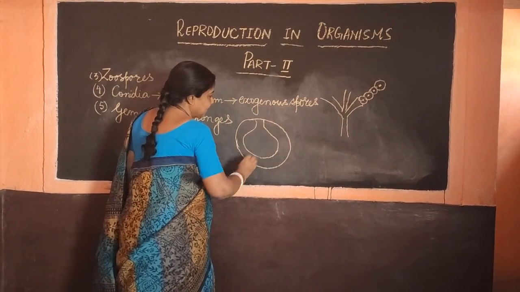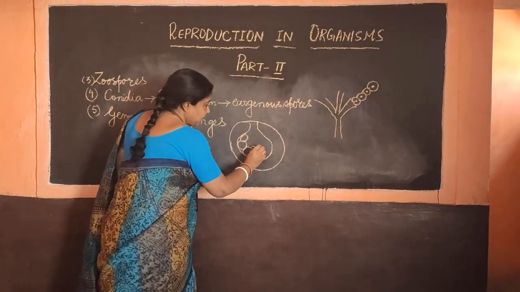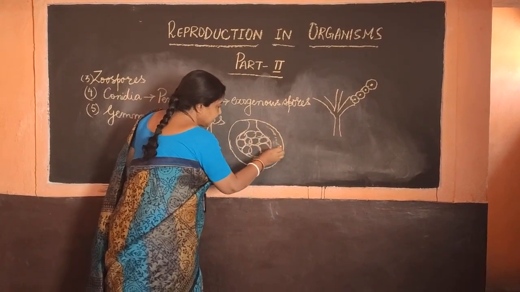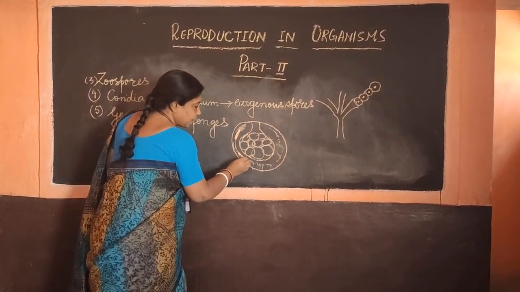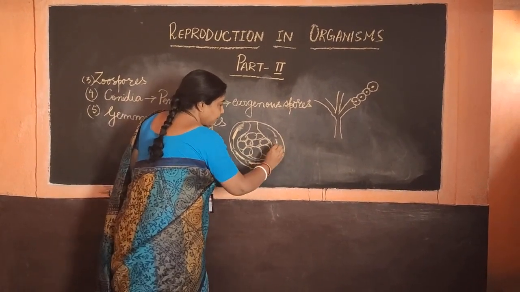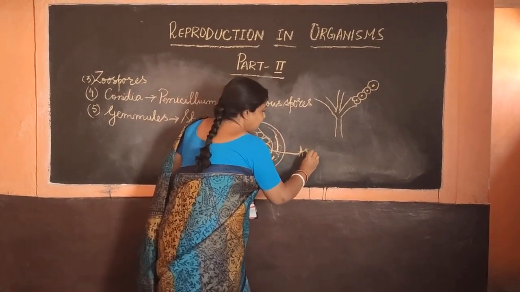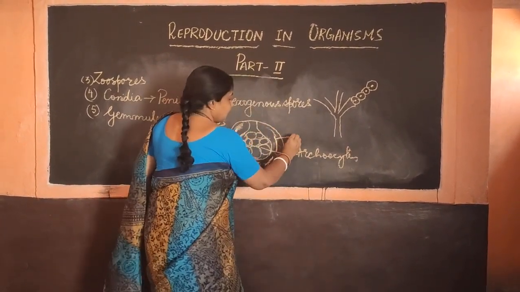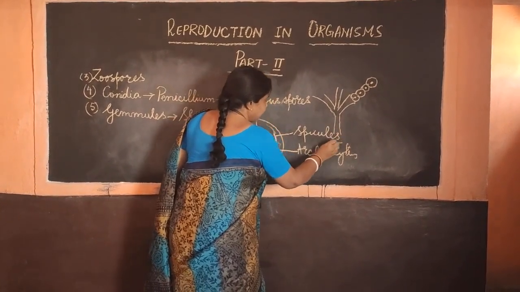This is representing the gemmule. In this structure you will find a certain jelly-like substance, where there are some pointed structures also which are known as spicules, and these are known as archaeocytes.